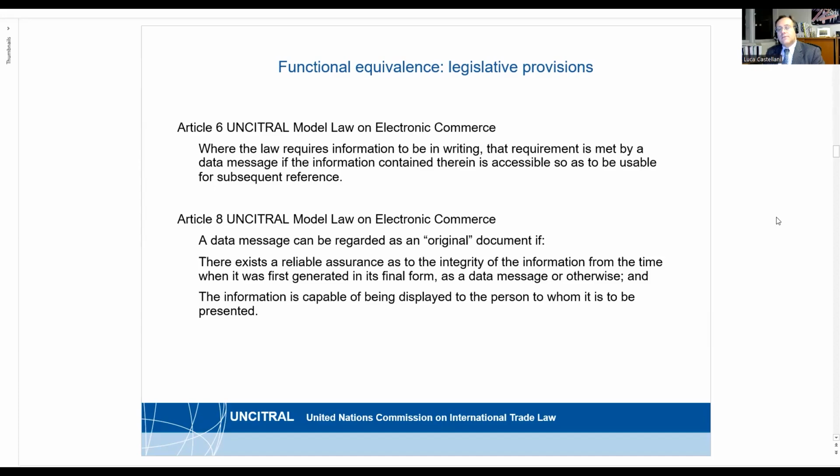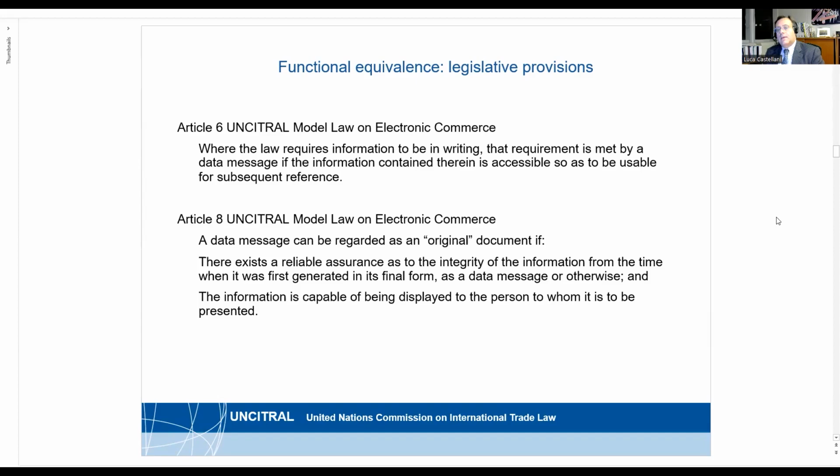So Article 6 of the UNCITRAL Model Law on Electronic Commerce, for instance, says where the law requires information to be in writing, that requirement is met by a data message if the information contained in the data message is accessible so as to be usable for subsequent reference. So first of all, the law here is a broad notion. It can be statute, it can be a regulation, it can be precedent, it can be also agreement of the parties.